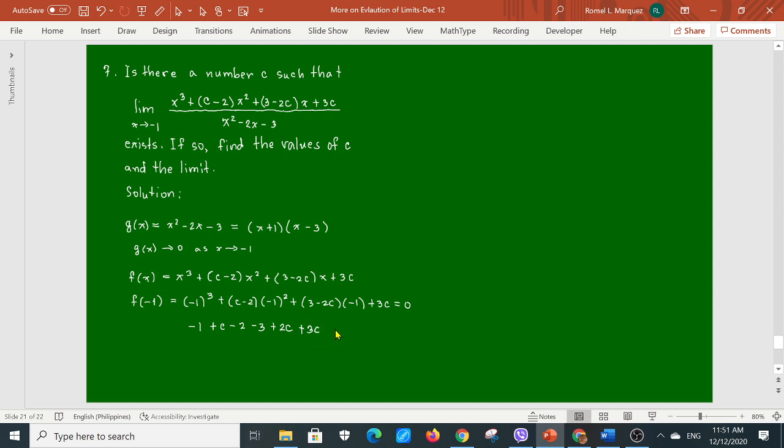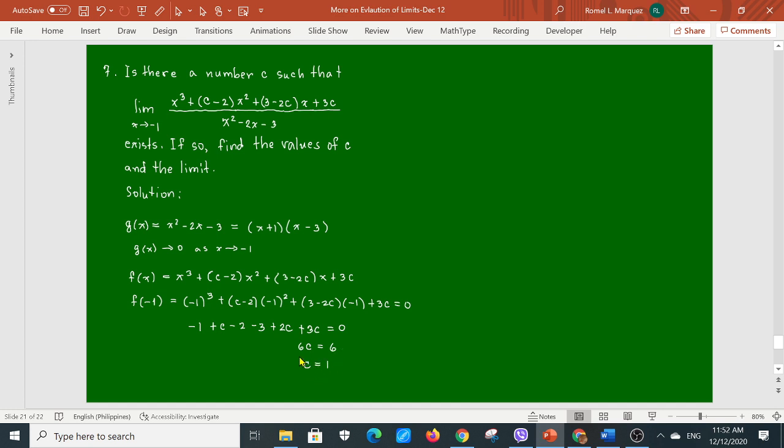Would you please check my simplification of the left side? Is it equal to 6c? Negative 5, negative 1, negative 6, transpose 6. So what is c? 1.